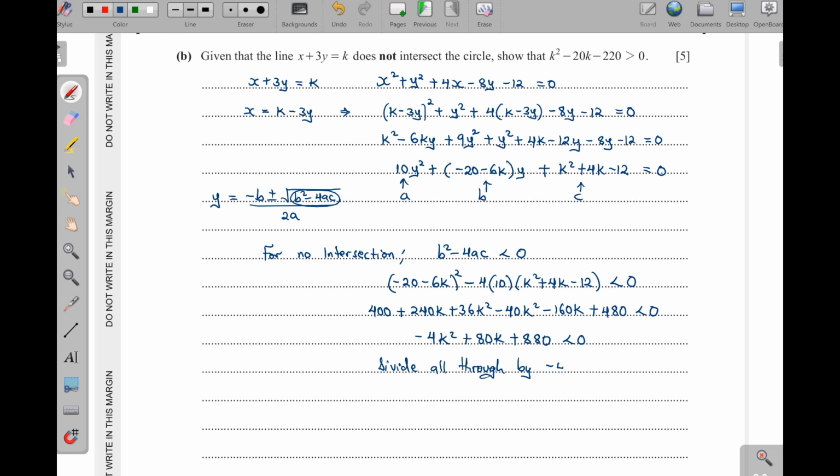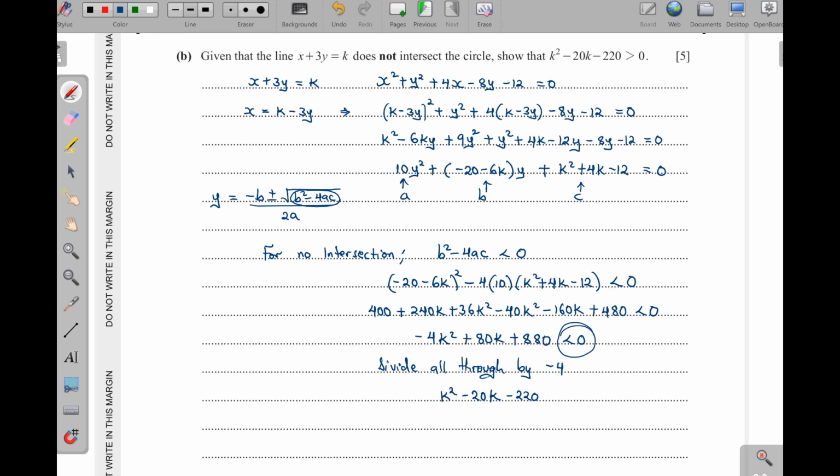I can divide all through by negative 4 to simplify this, and to also make the coefficient of k squared positive. So that means we shall have k squared. 4 goes into 20 five times, but it will be negative 20k. And then 4 goes into 880 220 times, but since I'm dividing a positive by a negative, I'll have a negative, so negative 220.